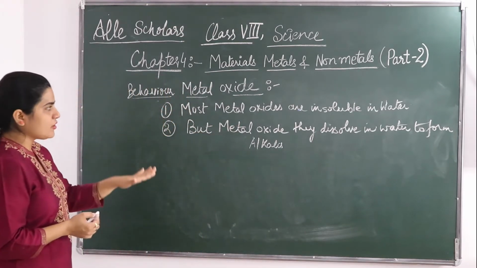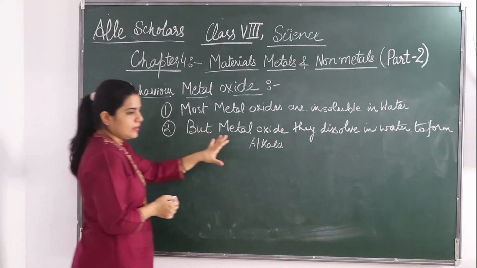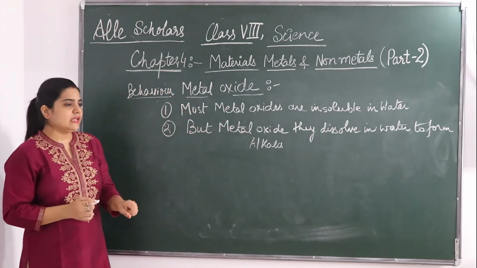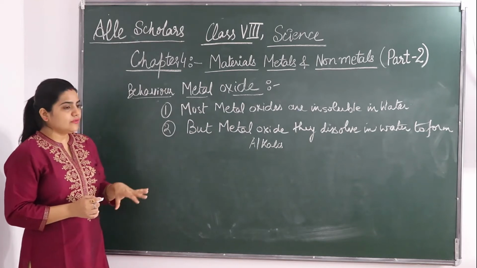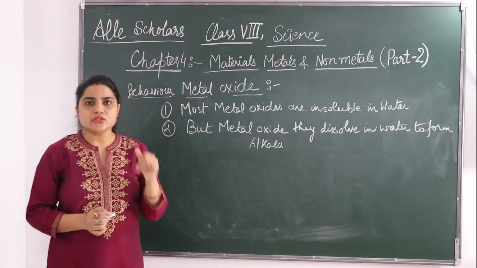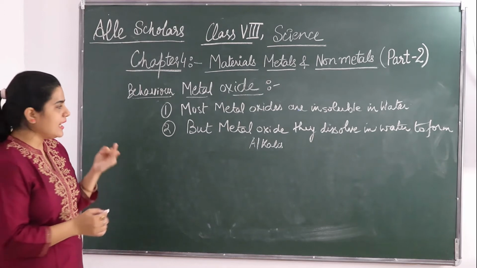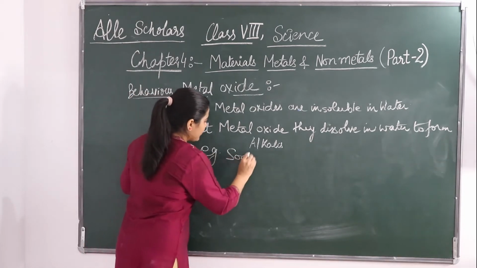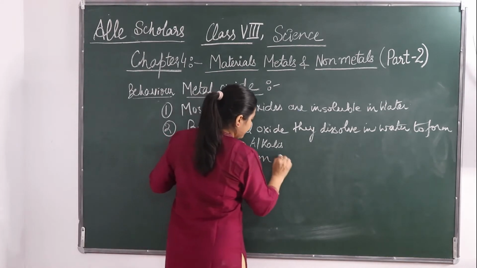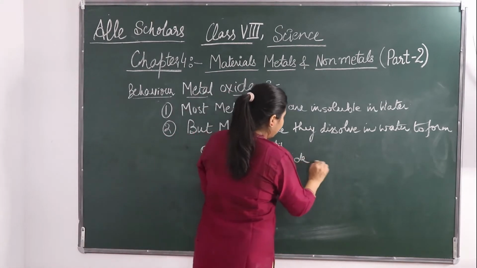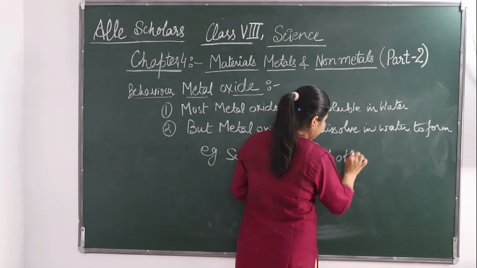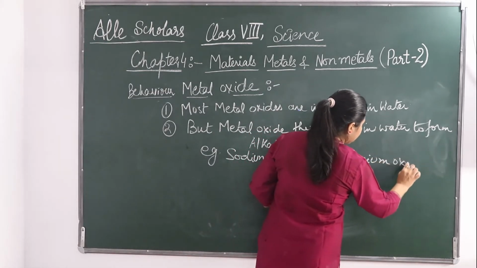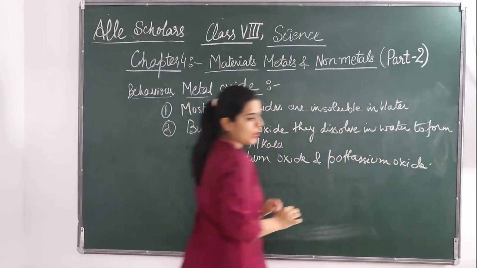Most metal oxides are insoluble in water, but a few dissolve in water to produce alkalis. Examples are sodium oxide and potassium oxide. They are soluble in water.